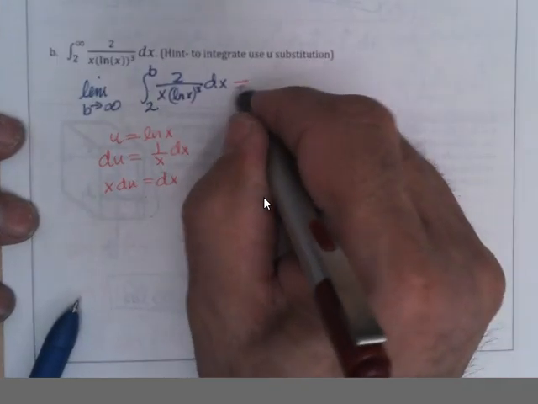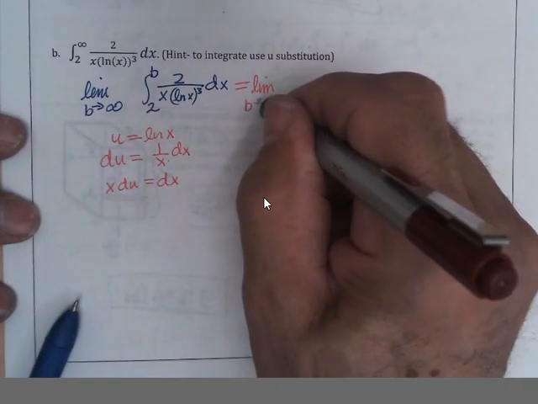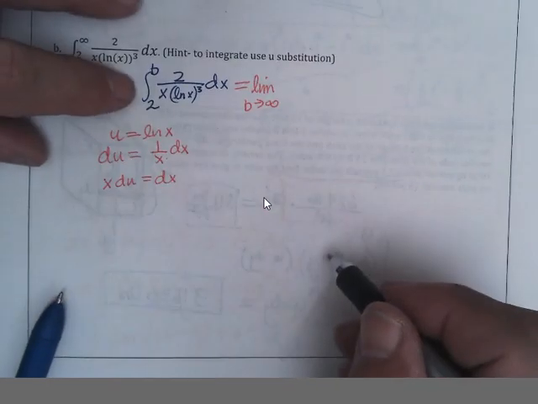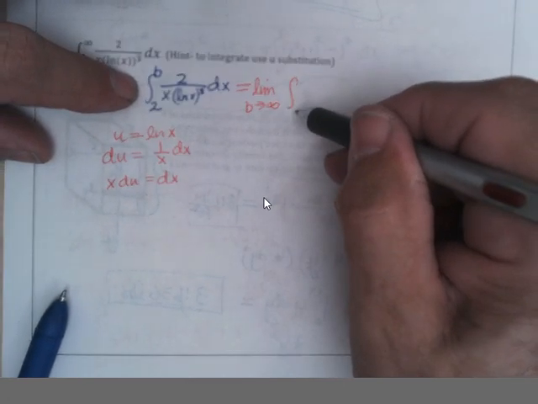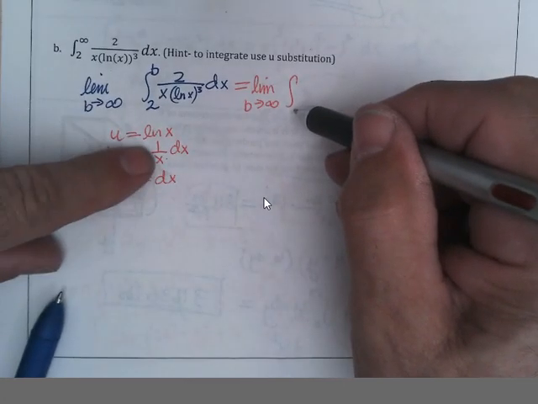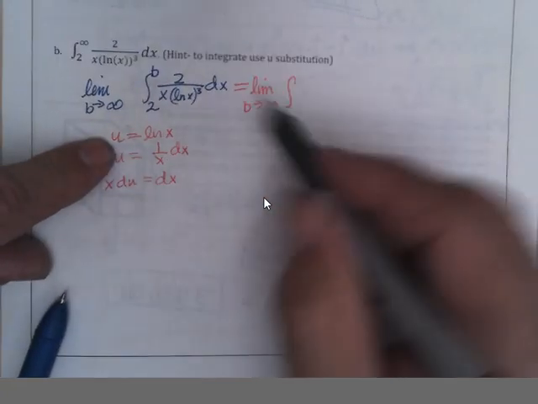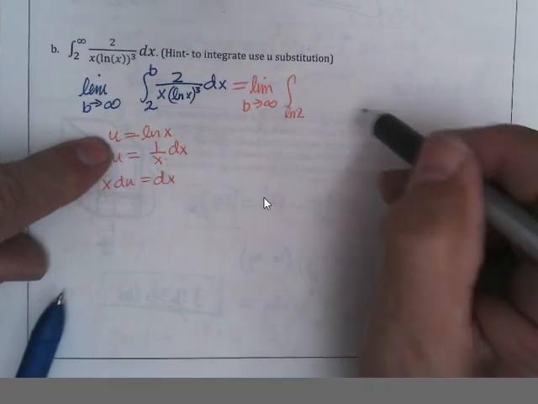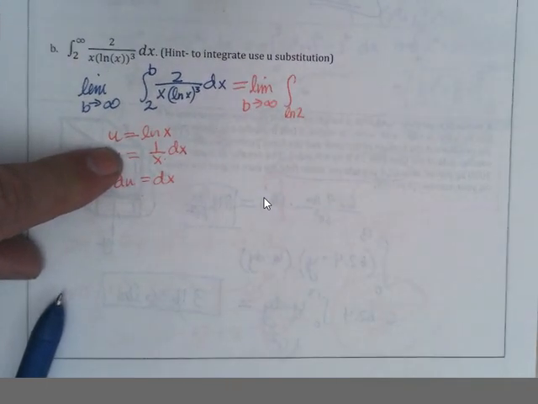So this becomes, I haven't taken the limit yet. I haven't tried to investigate what happens when b gets large. This becomes the antiderivative, and now I'm changing variables. So if x was 2, u would be ln 2. I could just put a question mark and change back to x's before I evaluate, but I'm going to do this.